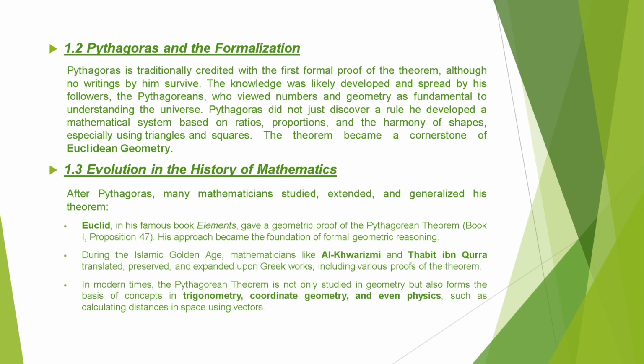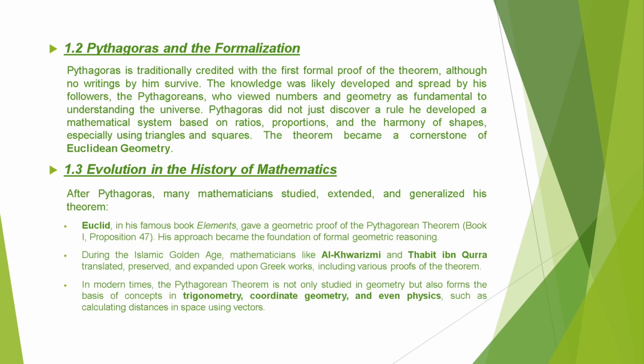Pythagoras and the formalism. Pythagoras is traditionally credited with the first formal proof of the theorem, although no writing by him survived. The knowledge was likely developed and spread by his followers, the Pythagoreans, who saw numbers and geometry as fundamental to understanding the universe.